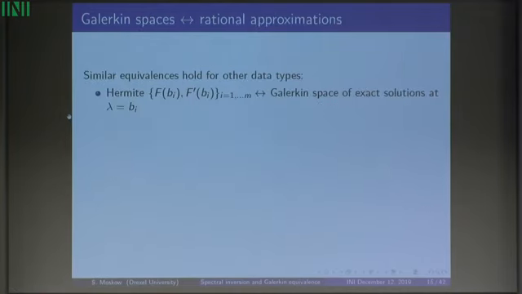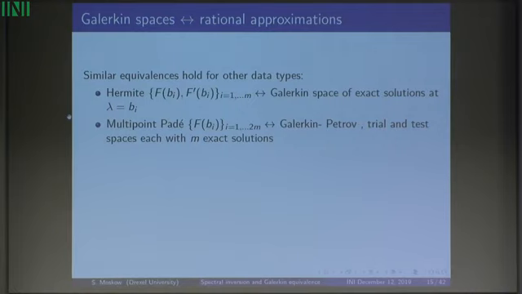Okay, so the thing that's pretty interesting is, people see this talk in inverse problems and they sort of don't like that the data is of this form for one reason or another, because there's a derivative and you have to have this. But the nice thing is that there are similar equivalences that hold for other data types. Like I just went through here, this Hermite data corresponds to a Galerkin space of exact solutions at these points.